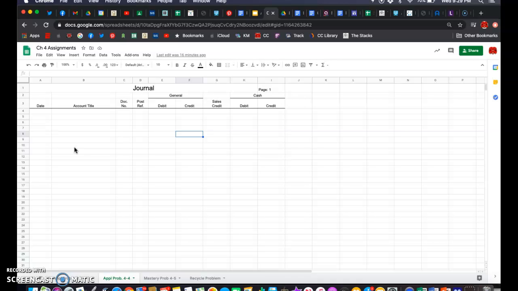So basically, what a correcting entry does is it takes it out of where it accidentally got put into and puts it where it needs to go. So when somebody was posting and maybe the transaction said paid cash for rent expense, but they accidentally put it in miscellaneous expense or whatever.